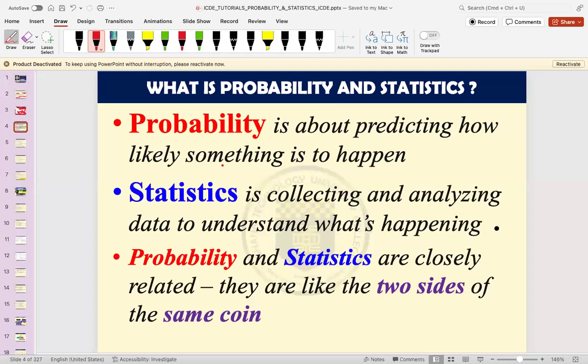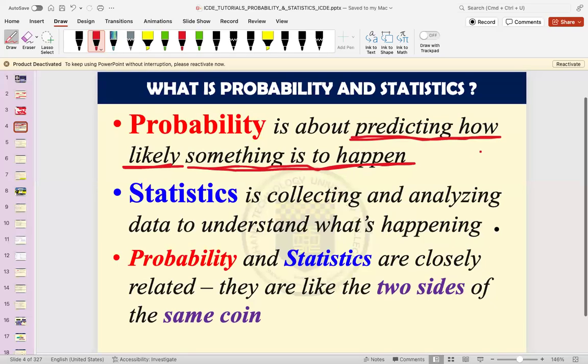I'm saying probability is about predicting how likely or possibly something is to happen. The thing hasn't happened, it's about to happen. So probability is predicting. So once you are saying predicting, it means that we are going to guess.